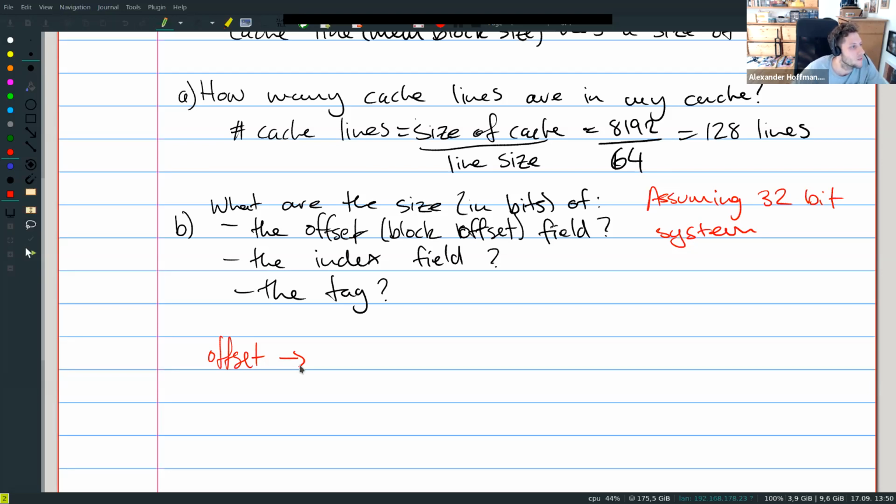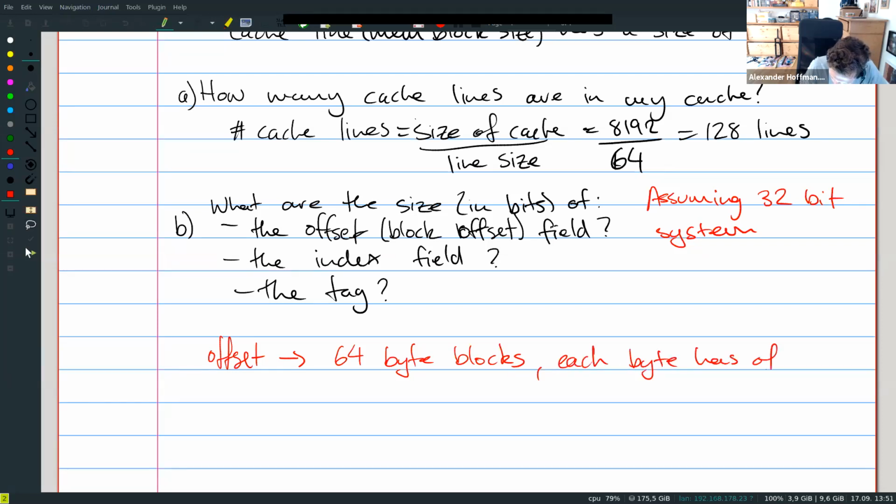I see what you've done. The offset is 6, index is 7, tag is 19. So tag is 19, yeah, and then the offset. Well, let's go through it. For the offset, we have 64 byte blocks, so each byte has an offset between 0 and 63, right?